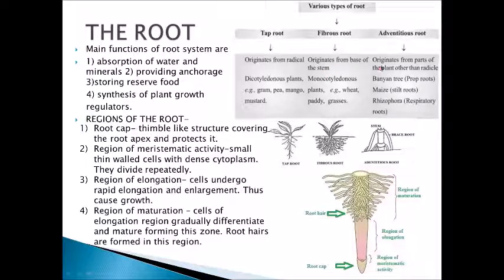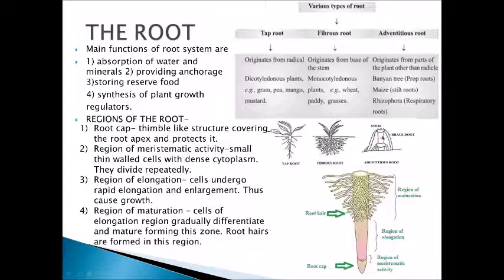And the third type is adventitious roots. In this, the roots do not originate from the radicle, but from a part of the plant other than the radicle. So here, from the stem or the nodal part, the roots are coming out.